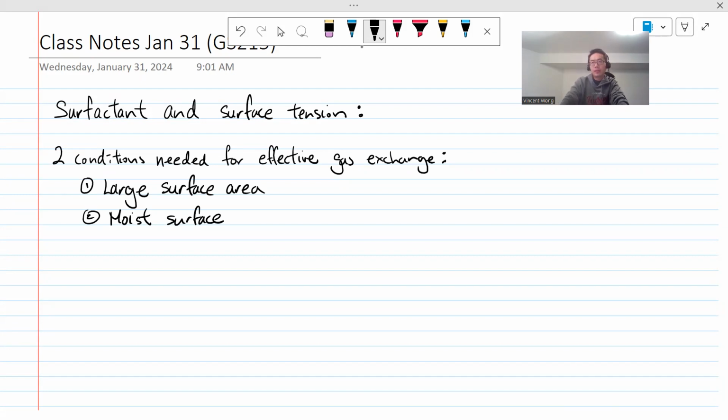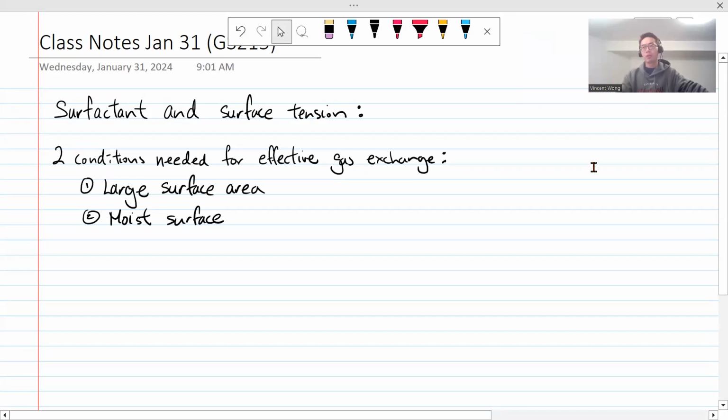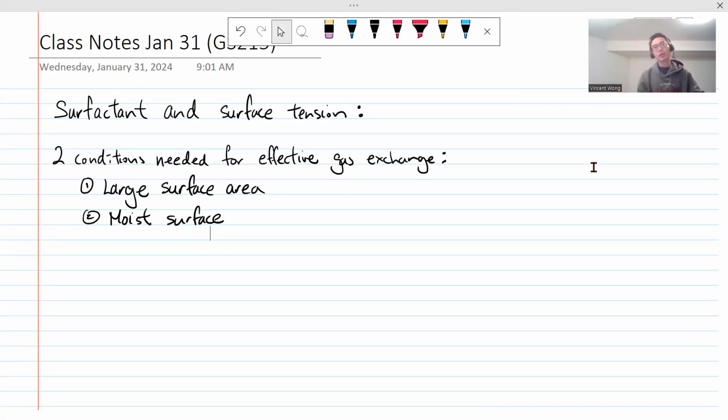Large surface area is okay because the alveoli are pretty much spherical in shape. If you do the math, a sphere is the three-dimensional shape that has the optimal ratio between volume and surface area. You can have the most surface area with the smallest volume, which is great if you want to pack a lot of area into your lungs.